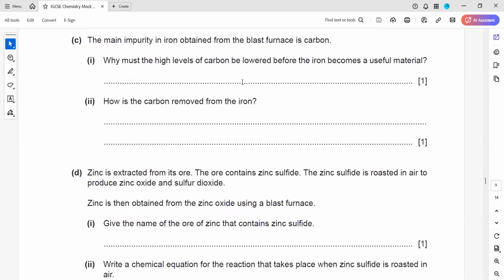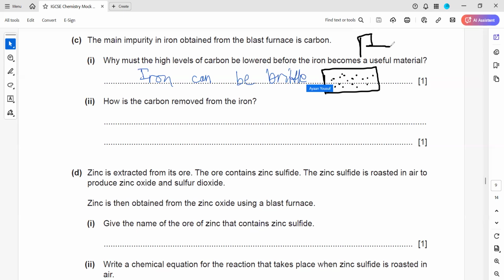The main impurity in the iron obtained in the blast furnace is carbon. Why must the high level of carbon be lowered before the iron becomes a useful material? Because if a greater percentage of carbon is present in the iron, the iron cannot be malleable, it can deform easily or break down easily, or we use the term brittle.